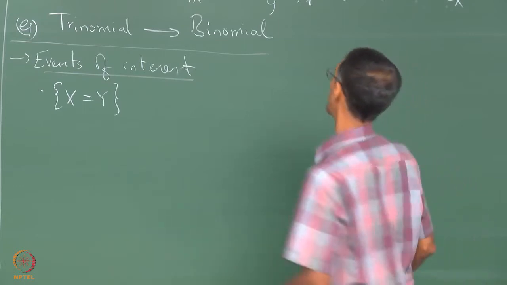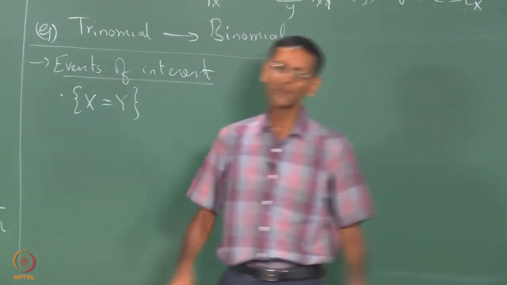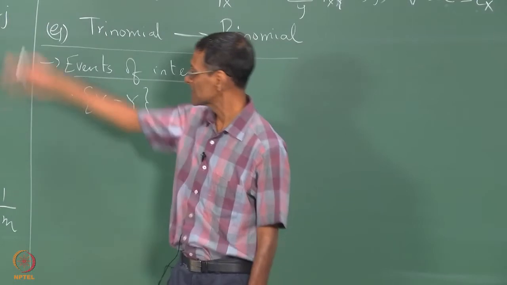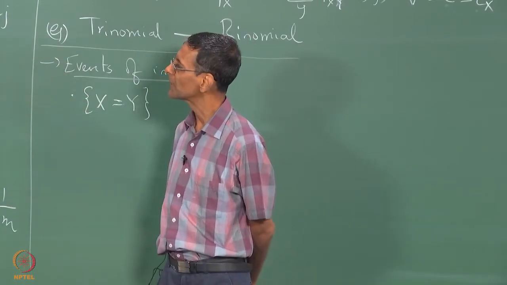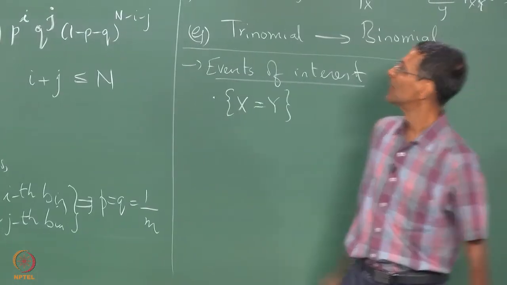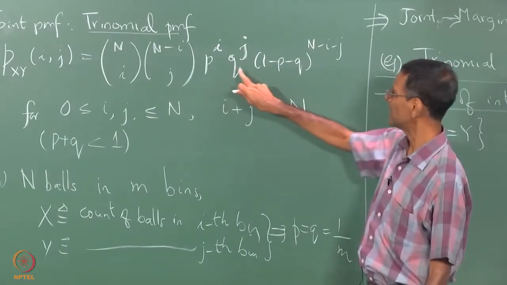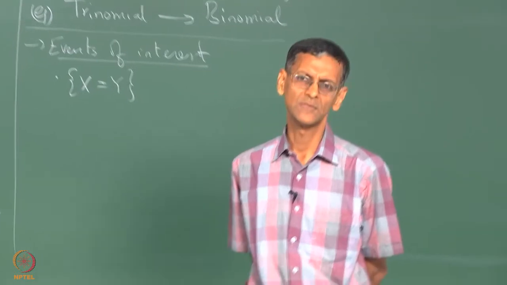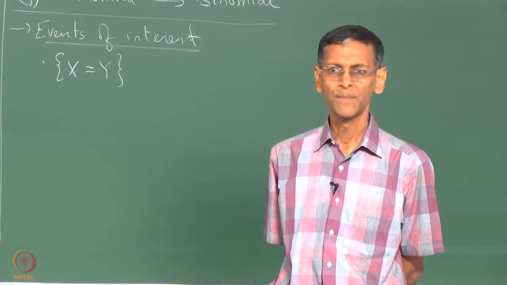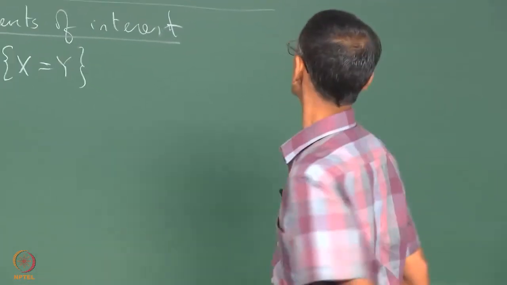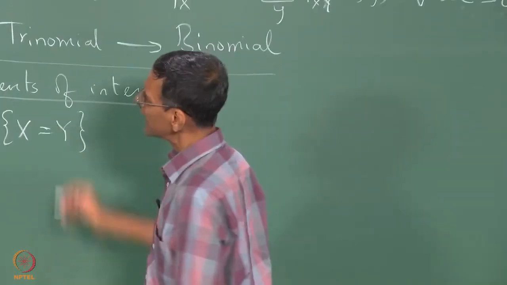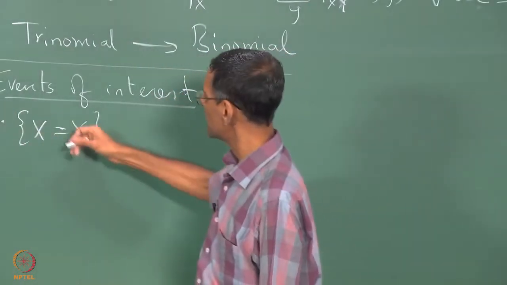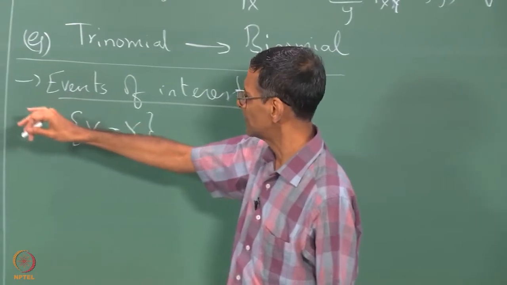So, this event happens whenever, for example in the trinomial example, the count of event 1, which occurs with probability p, equals the count of event number 2. I called them 1 and 2 yesterday. So, we have to continue with that. Coming back, we put that on hold.